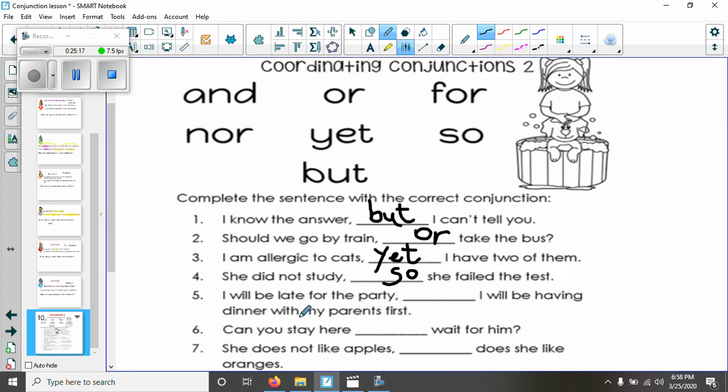I will be having dinner with my parents first. That's a reason. Because I will be having dinner with my parents first. Which word can do the same as because? Or for? Brilliant. For.